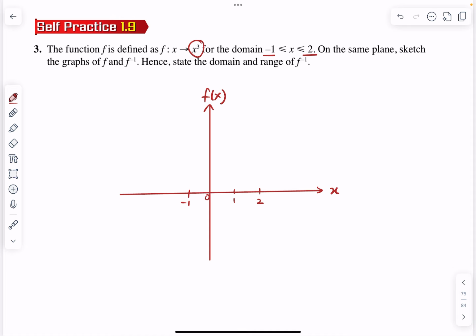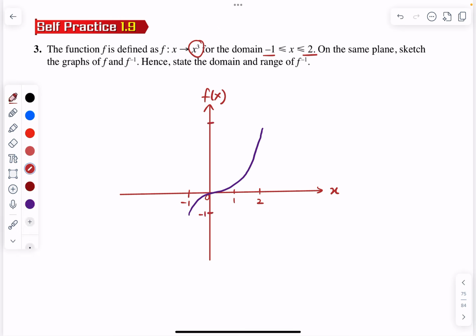Okay, so our graph is something, I'll use a different color. Okay, our graph is something like that, and then going up. Okay, so when x is -1, y is also -1.